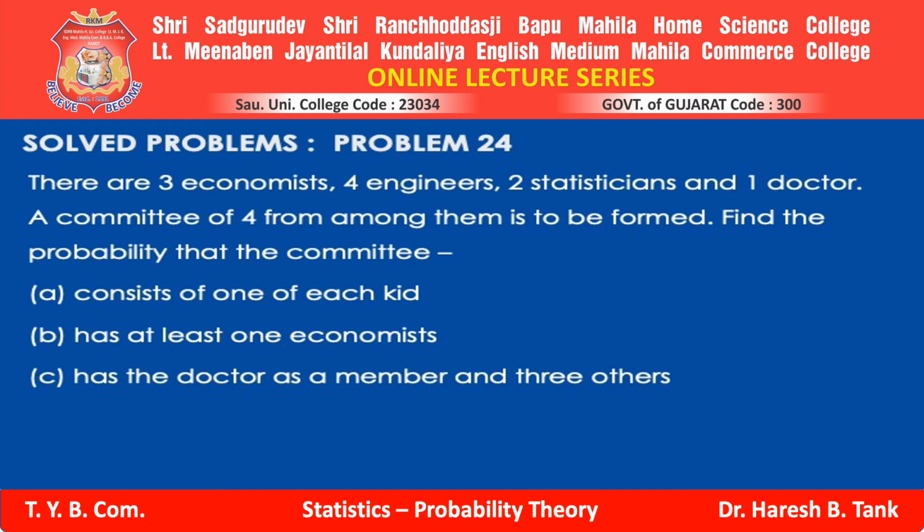There is a mistake. It is not kid, it is kind. Second one, has at least one economist, meaning at least one economist can be one or more. Right? Third one, has a doctor as a member and 3 any other. Right? Okay, let us see one by one.